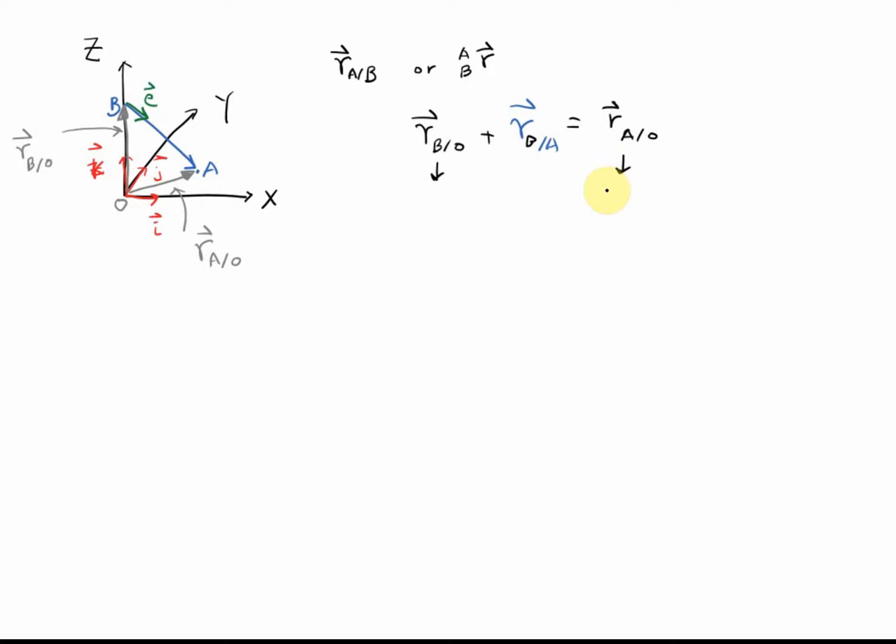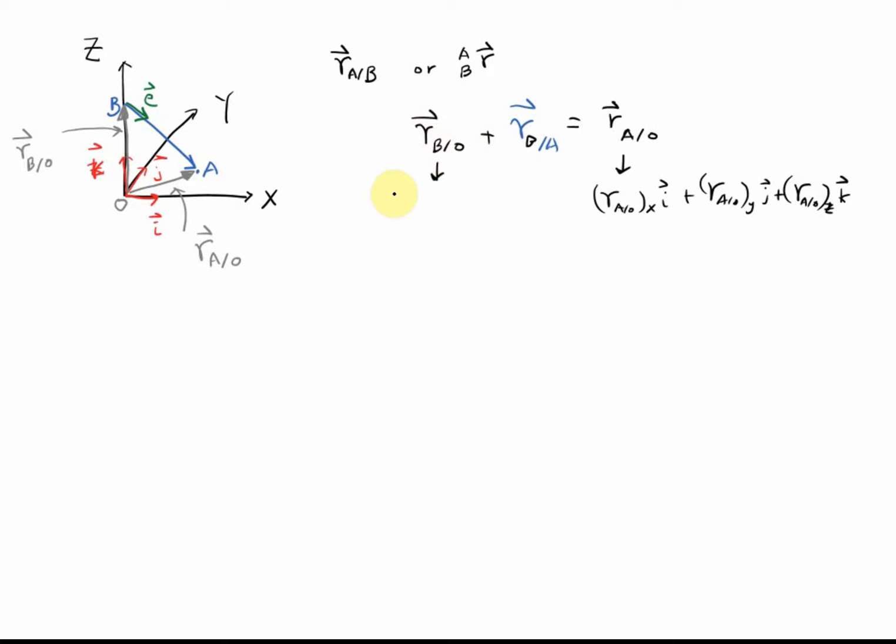That means this one has a RAO vector x component i plus RAO vector y component j and RAO z component k, okay?